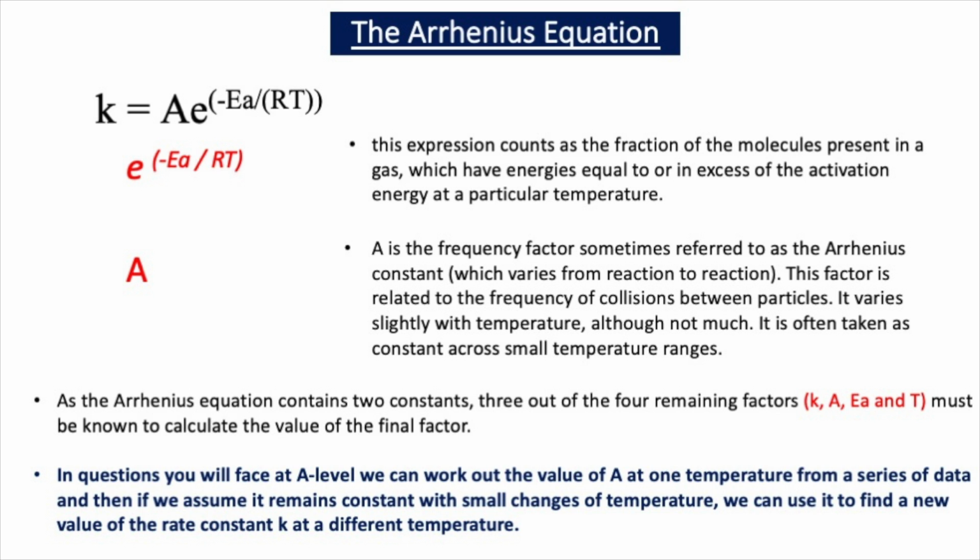And that's how a lot of these questions you'll come across at A level work. You work out the value of A given data, and then you use this value of A to work out the rate constant K at a completely different temperature. And you're making the assumption that A doesn't change with small rises in temperature.